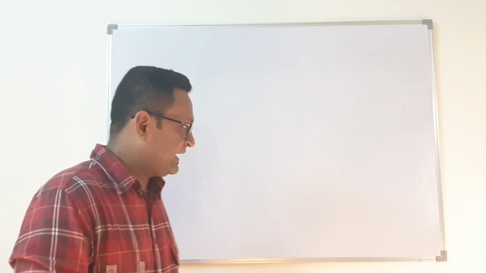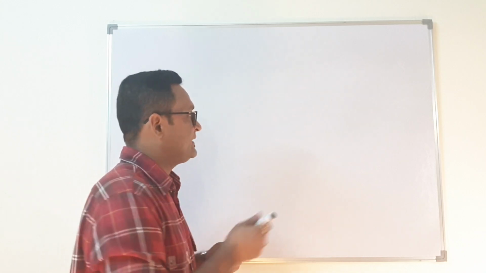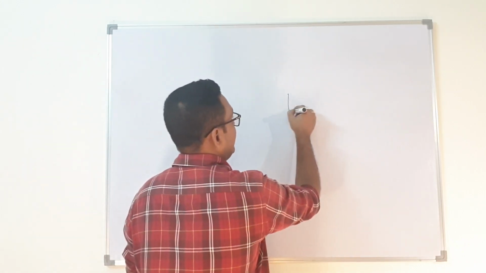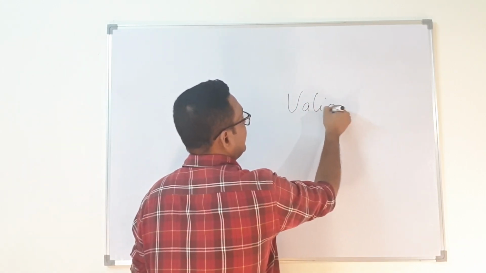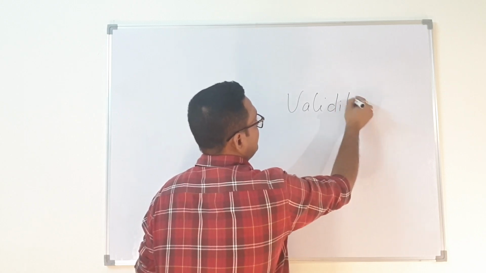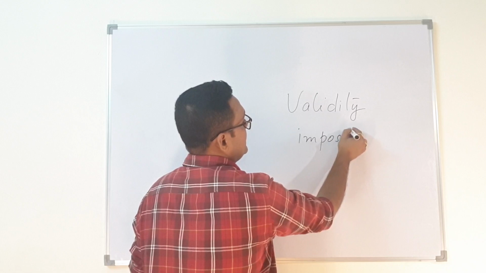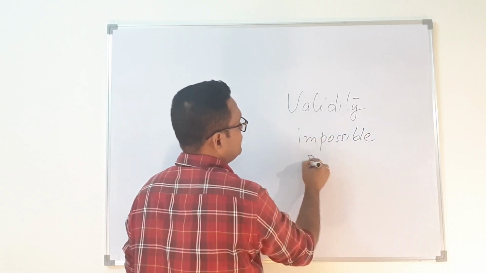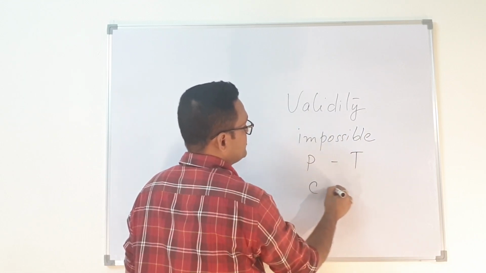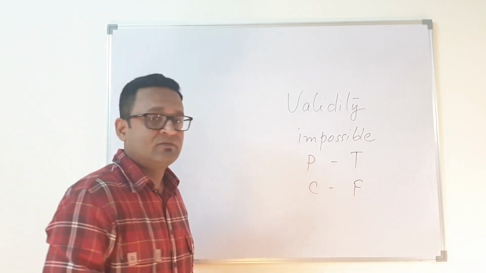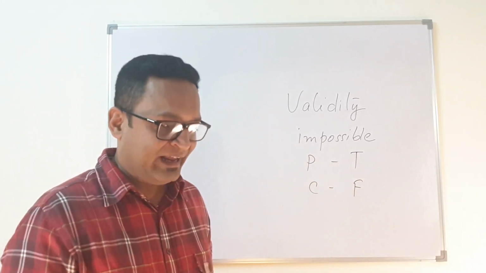We discussed validity on a lot of fronts. We said that validity is a negative definition: it is impossible for the premises to be true and the conclusion false. This was the basic definition of validity.